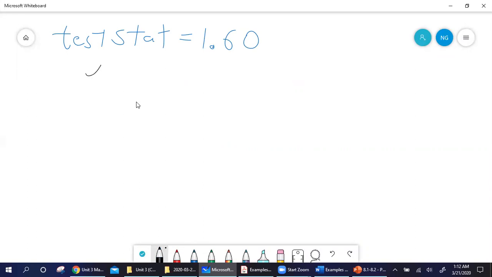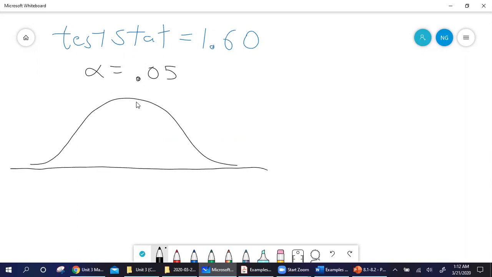Well, an alpha of 0.05 corresponds to an area in the tail. So there's 0.05 in that tail. I can find, using my green sheet, the z-score that goes with that. Again, it's this cutoff line.